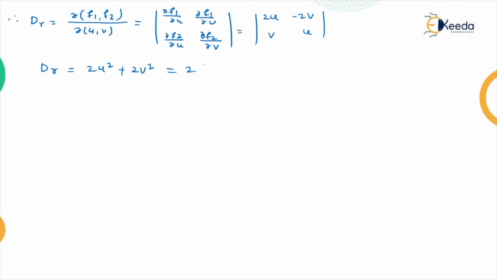Clearly 2 is common, so the denominator equals 2 in bracket u square plus v square. For consideration this is equation number 3.